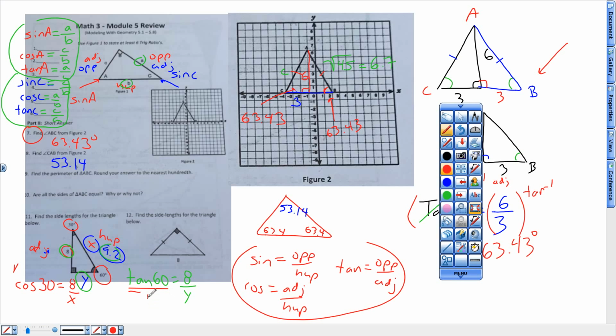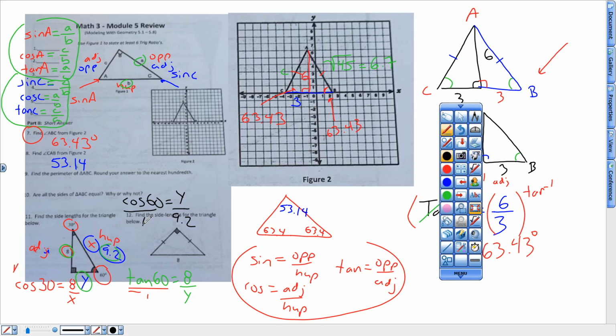If I didn't use tan 60, if I used cosine 60, that might have been an easier one. Then I could have used adjacent over the hypotenuse. And the beauty of using cosine 60 is that you would just crisscross multiply and be done right away.